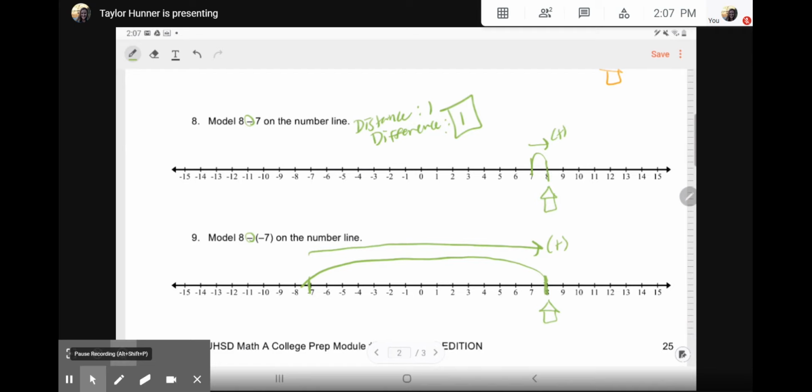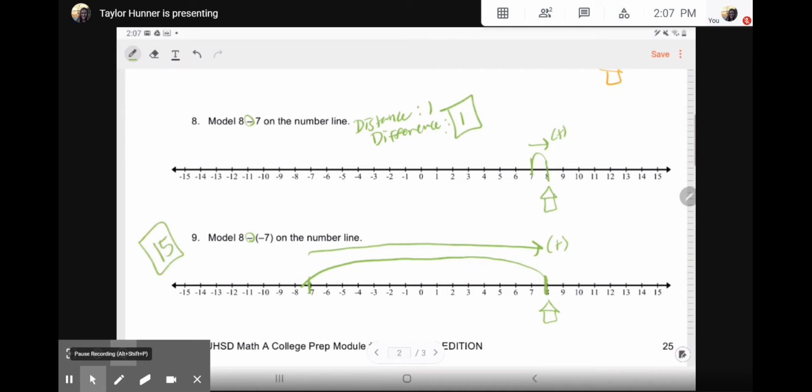So now I have to figure out how many spaces in the positive direction do I go. 1, 2, 3, 4, 5, 6, 7, 8, 9, 10, 11, 12, 13, 14, 15. So 8 minus -7 will actually be 15.